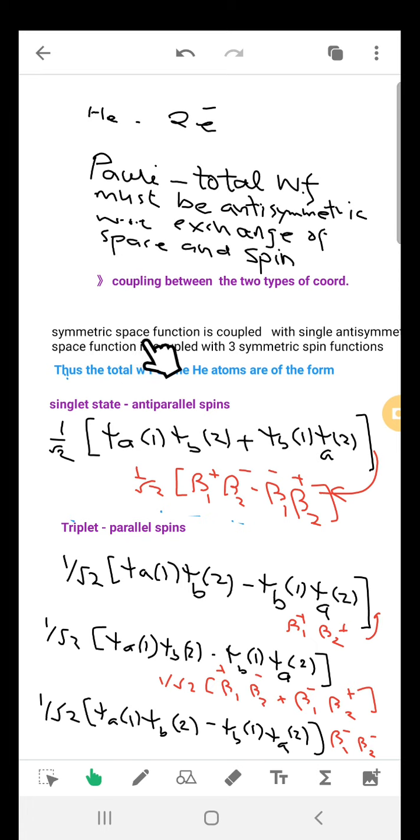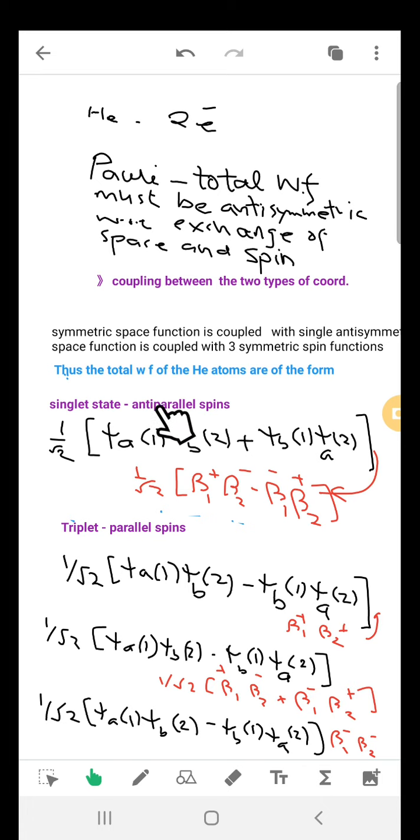The antisymmetric space function is coupled with the three symmetric spin functions. The space is antisymmetric, and it is a singlet state, whereas the spin is symmetric, and it is a triplet state.